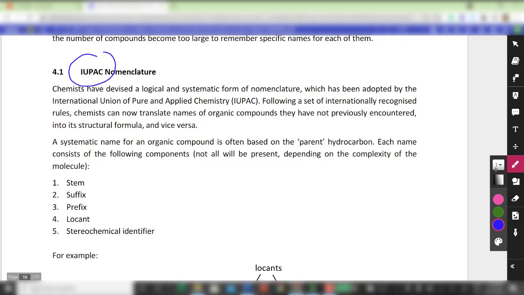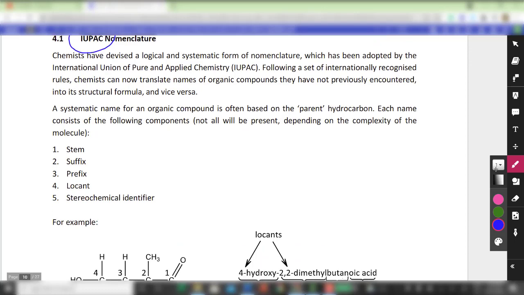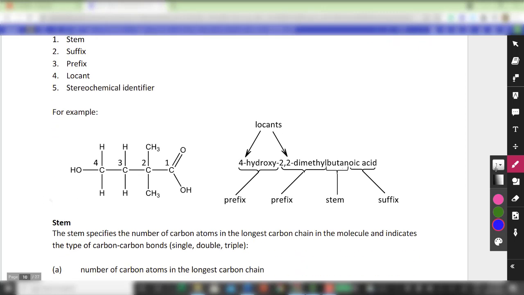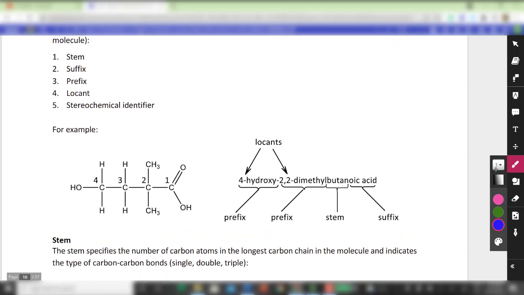Okay. So if I want to go a little bit into details, it will be something like that. So for example, we have this particular unknown. It's a carboxylic acid, right? Yeah. So we will number it from right to left. Okay, you might be wondering why do we number it from right to left? Why not from left to right?